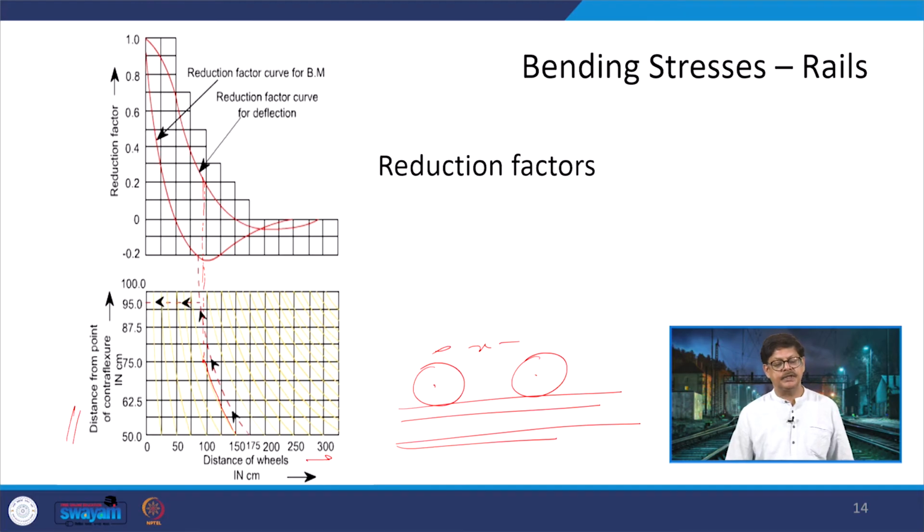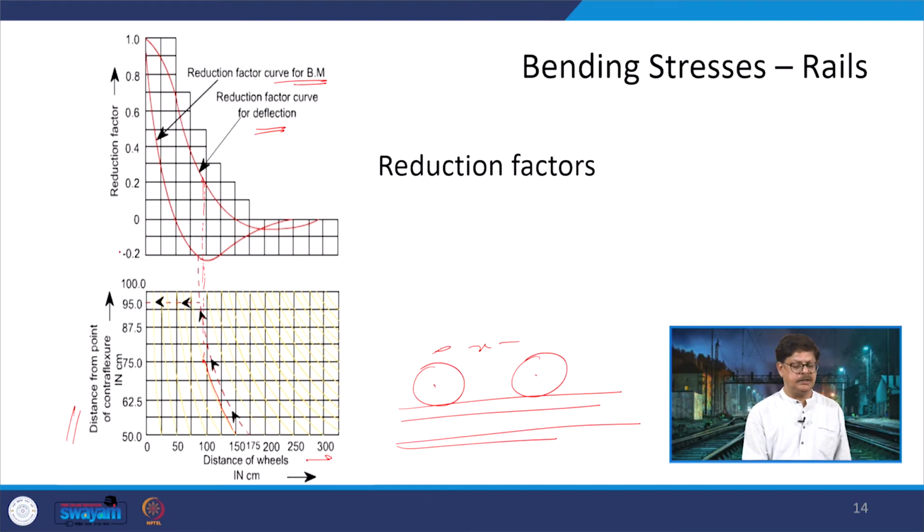One curve is the reduction factor for the bending moment, another one is for the deflection. The lower one is for the bending moment, where the value comes out to be roughly around minus 0.2, a bit more than that. So, we can take an extremity of 0.2. And for the deflection, it comes out around 0.2 on the positive side.